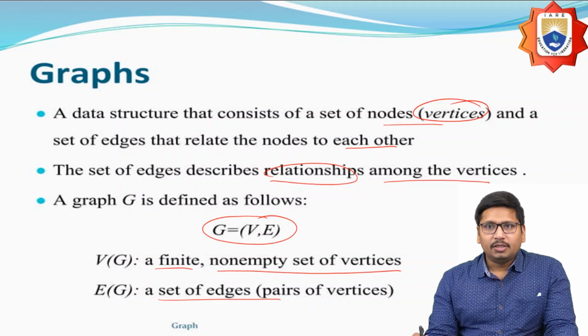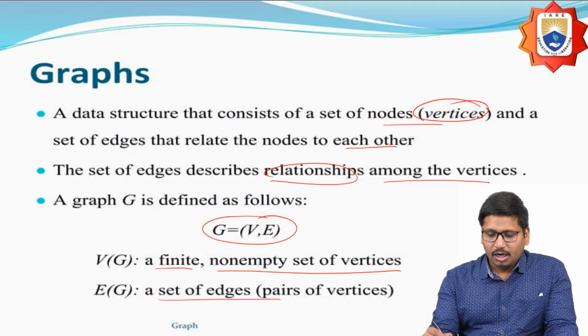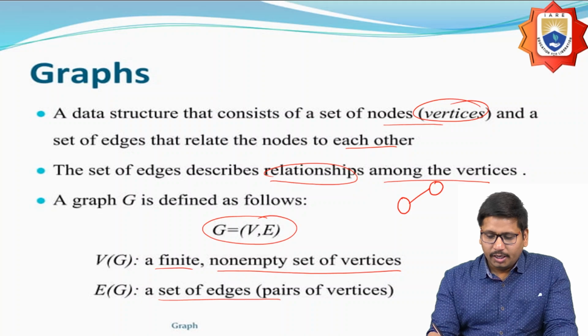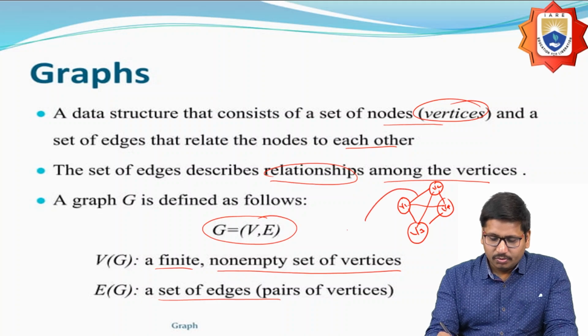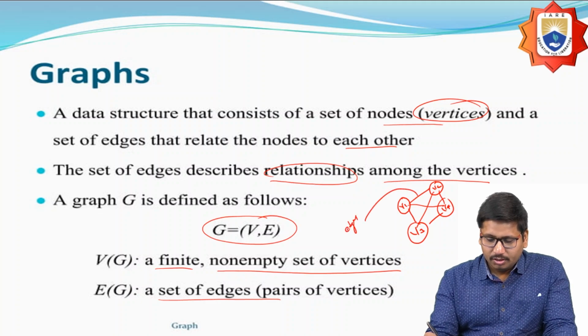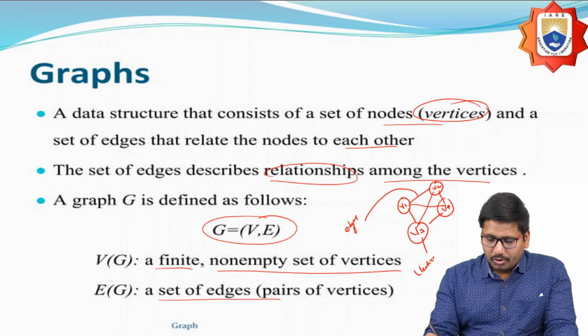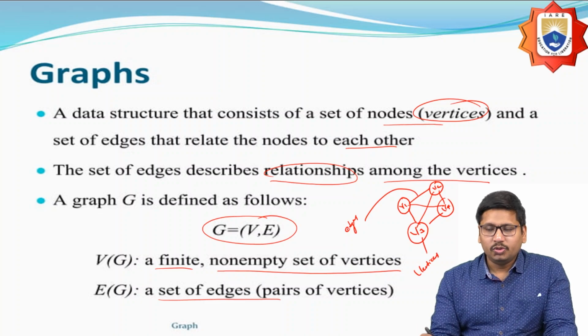A data structure normally has different nodes, which we call vertices, V1, V2, V3 and V4, and a set of edges. This one we call edges, and this one we call vertices, that relate the nodes to each other.